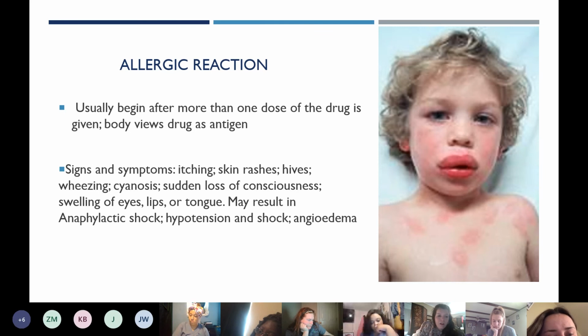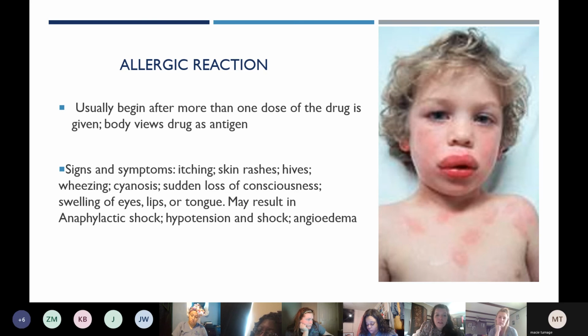Signs and symptoms: itching, skin rashes, hives, wheezing, cyanosis, sudden loss of consciousness, swelling of the eyes, lips, or tongue. So the biggest risk with allergic reaction is anaphylaxis. Anaphylaxis is when your body goes into basically full-blown shutdown mode.